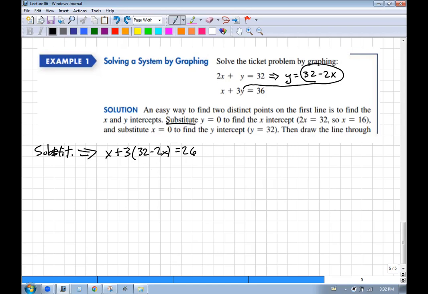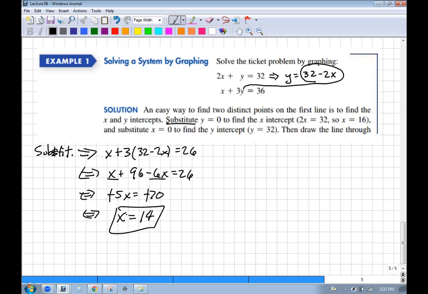So if we solve for x, let's see, this thing is the same as, if I multiply the 3 out, what is that, 96? 3 times 2 is 6. Let's combine some like terms. Those give us a minus 5x. 26 minus 96 is negative 70. Multiply both sides by a minus. 70 divided by 5 is 14.